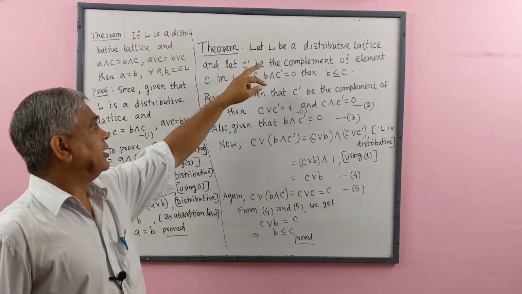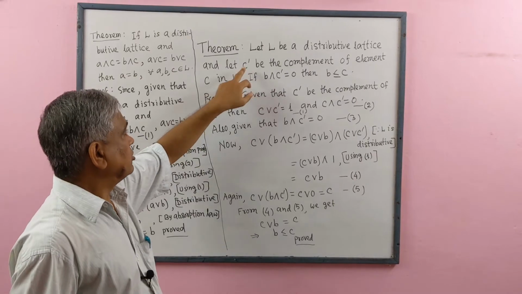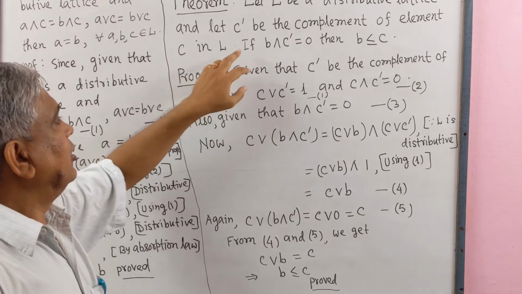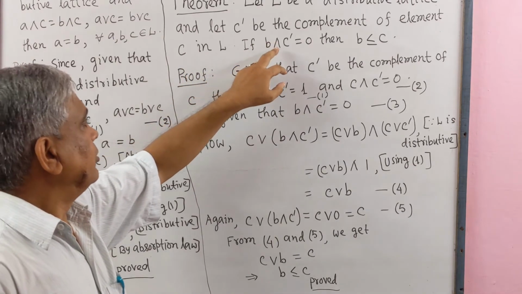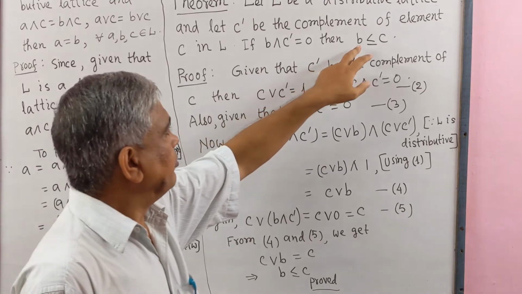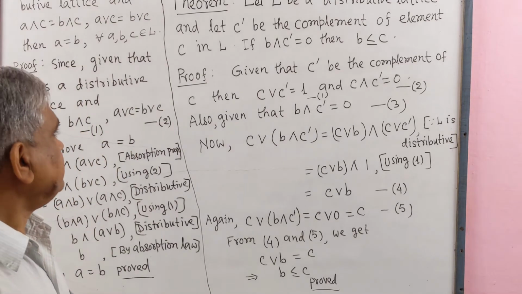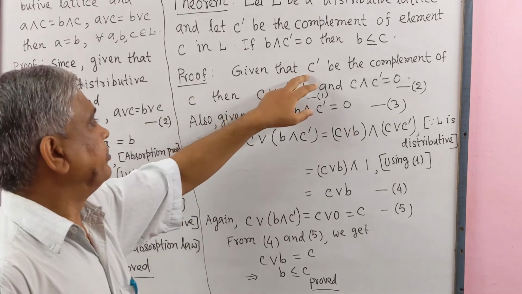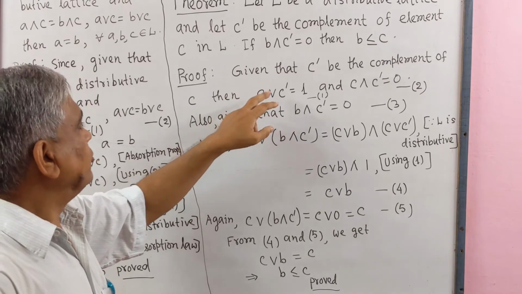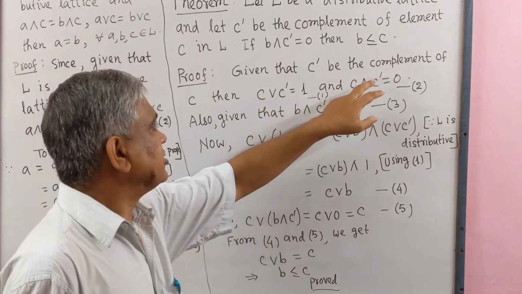Theorem: Let L be a distributive lattice and let C prime be the complement of element C in L. If B meet C prime equal to 0, then B less than or equal to C. To prove B less than or equal to C. Proof: given that C prime is the complement of C, then C join C prime equal to 1 and C meet C prime equal to 0.